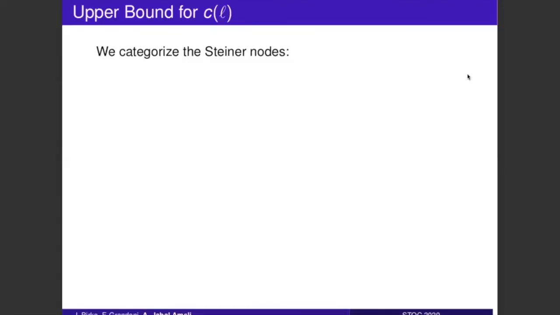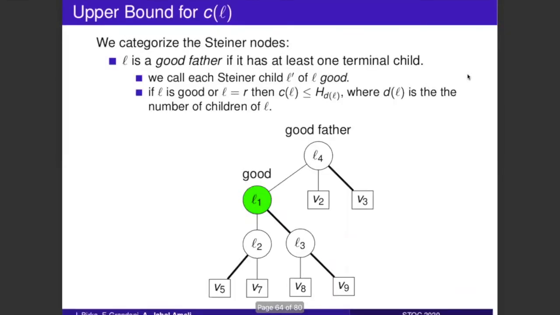Now we categorize the Steiner nodes. The first category is Steiner nodes which have at least one terminal child. We call them good fathers. For example, here L4 has two terminal children, so we call L4 a good father. Then for a good father L, we call each Steiner child L prime of L good.